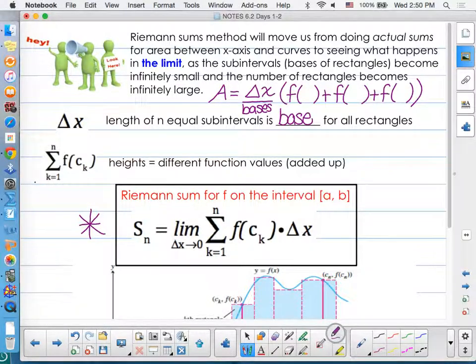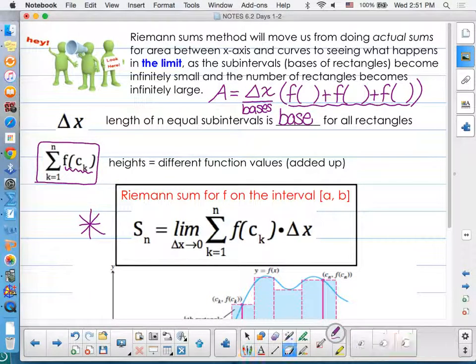The sum, and you see some summation notation right away, you see the sum of the function values for subinterval 1 through as many as you have would represent that sum in parentheses you did of the heights. So all those different function values right here that you had added up from the different intervals, that's what he's talking about in this notation, the sum from the first interval until the nth interval of those heights that came out. So when Riemann puts it together, it's exactly what you did.